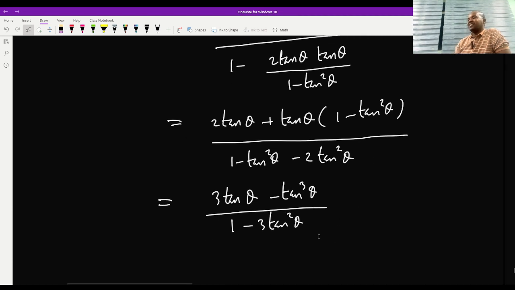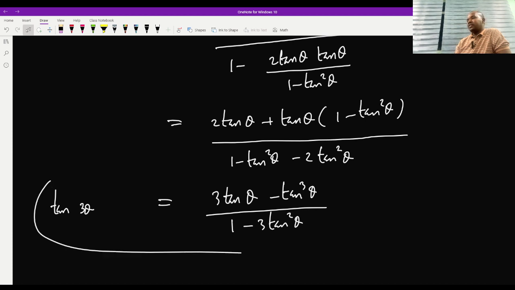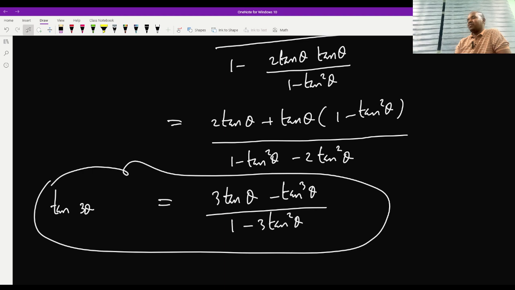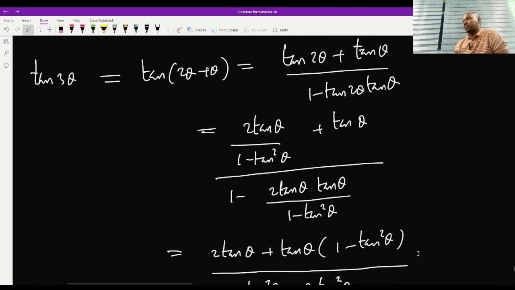So as you have seen, this is the expression for tan 3 theta. Actually, this is an expression which is open for verification. You can do it yourself and see if you come to the same expression.